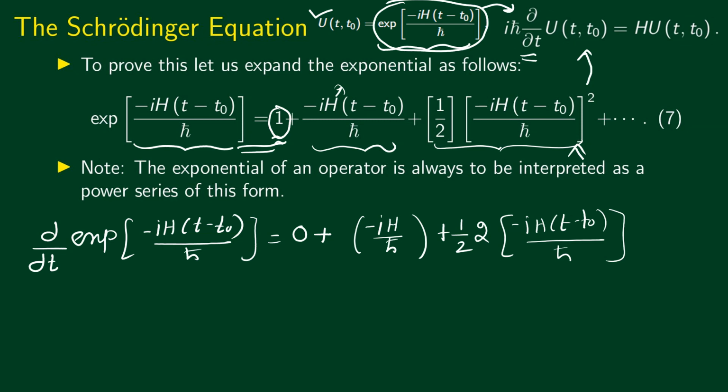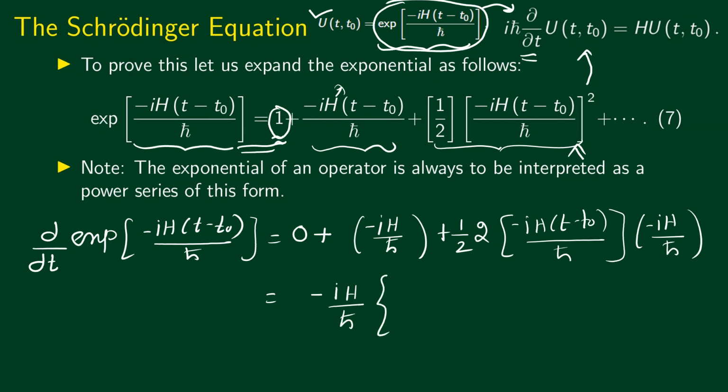We also need to find the derivative of whatever is inside here, which gives us again minus iH divided by ħ. So I can pull this minus iH divided by ħ outside.